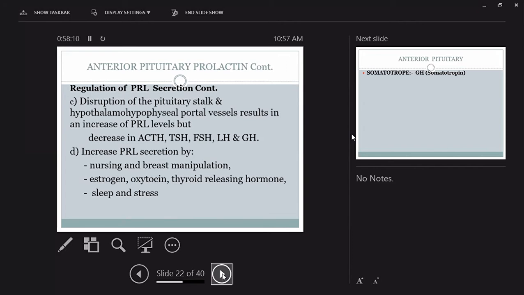Prolactin is increased with estrogen, your oxytocin and your TRH, and sleep. That's why it is necessary for the mother to relax and sleep a lot when she is nursing, so that there will be milk in the breast.